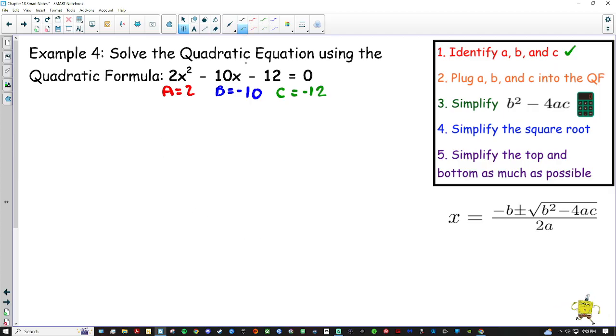So a great way to do this, like the discriminant, is we're going to rewrite this whole thing. Wherever we see an a, b, or c, we're going to put parentheses.